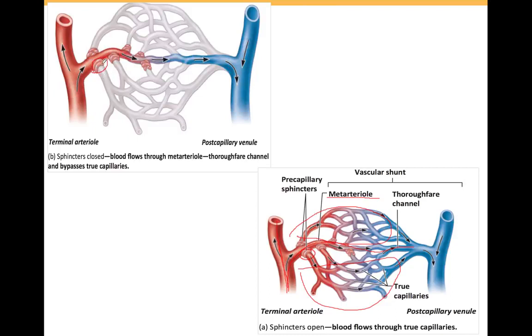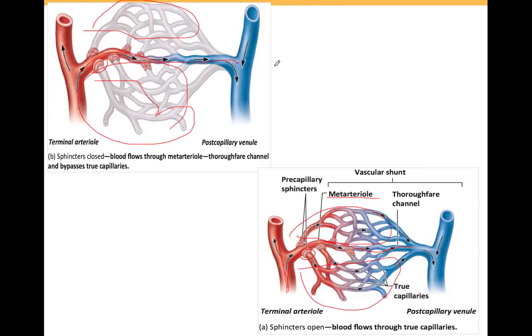So blood does not get passed through the capillary network that you have here. What it's going to do is pass through the metarteriole and continue to become part of the vein, and this allows the blood to be diverted from this tissue and go to a tissue such as the skeletal muscle that is in dire need of more blood and more supply of oxygen and nutrients.